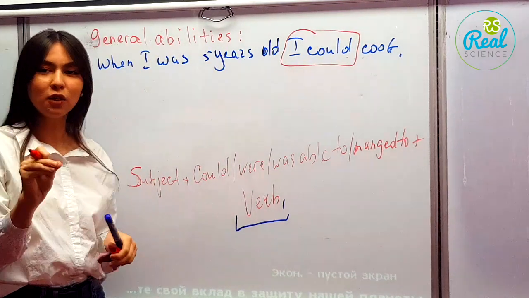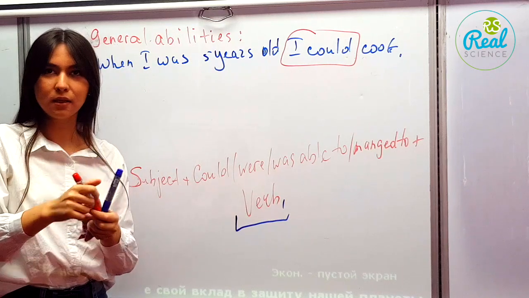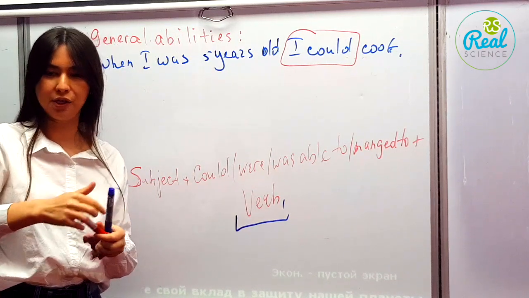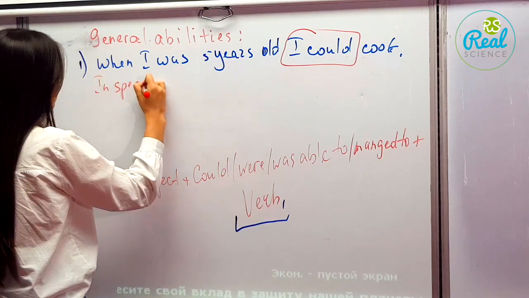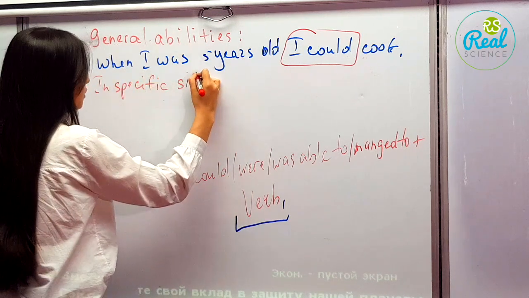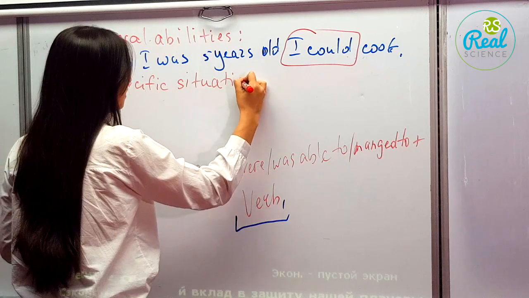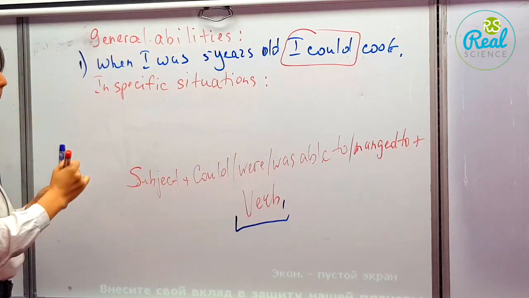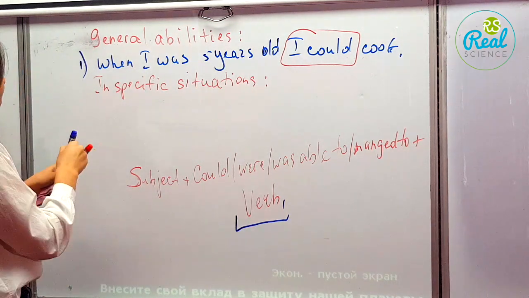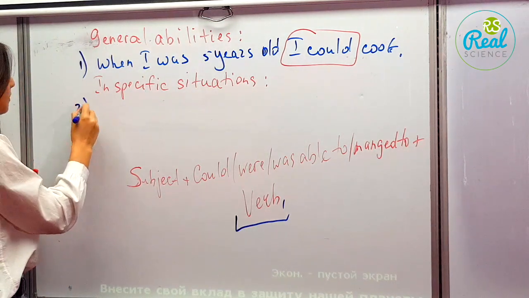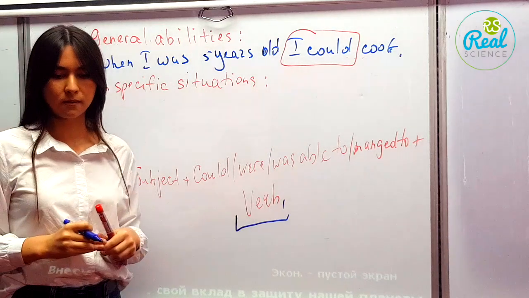But now let's talk not about general abilities, but your abilities in specific situations. I'll write here, in specific situations. What kind of specific situations can there be? What do you think? For example, catch the ball. I was able to catch the ball.